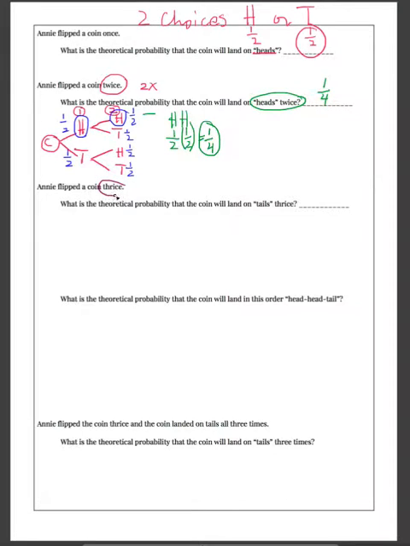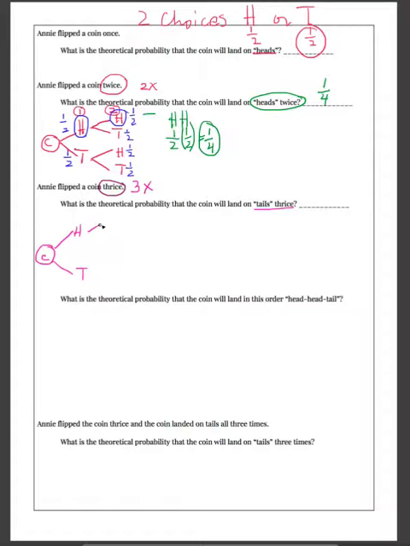It says she flipped a coin thrice. Now what does thrice mean? Thrice means 3 times, okay? So again, what is the theoretical probability that the coin will land on tails 3 times, okay? Tails 3 times. So let's make another probability tree, okay? So this time, start with the coin, and the first try, it can either be heads or tails.